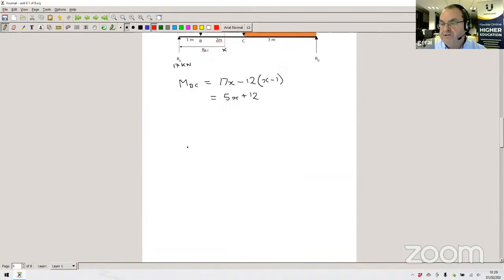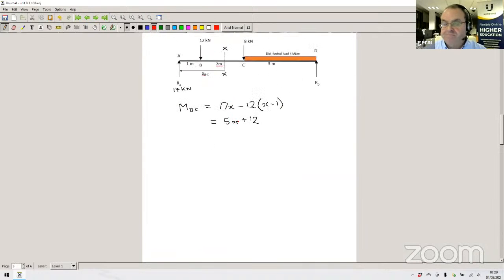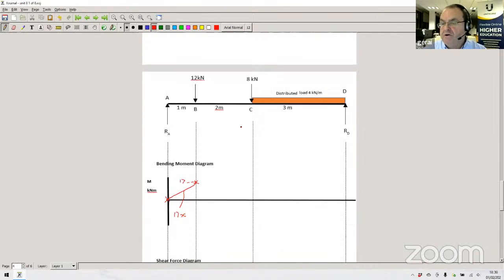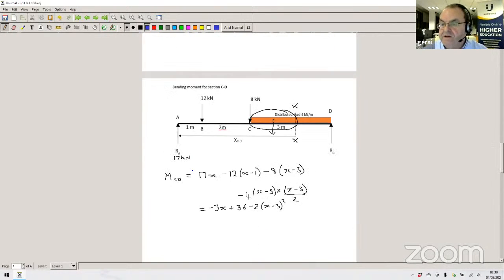The next section is section B to C. If we look at B to C, it's 5x plus 12. So if we plot that between the values of x equal to 1 and x equal to 3, and put x equals 1 in that expression, we'll find that it gives us a value of 17.